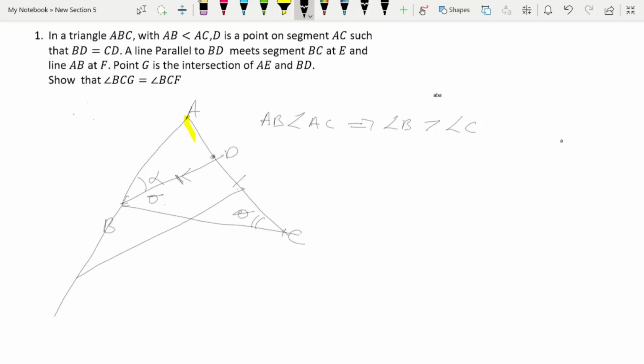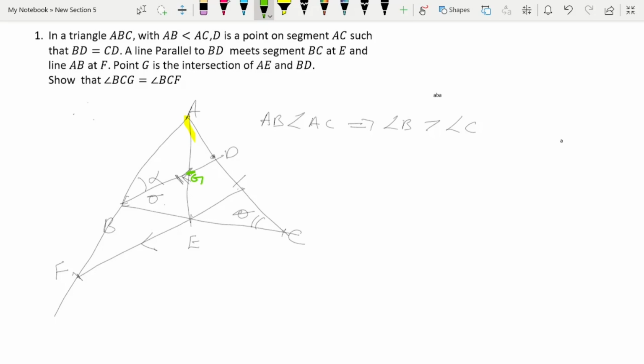These two lines are parallel, and it meets BC at E and AB at F. Then point G is the intersection of AE and BD. Let's use green for G.